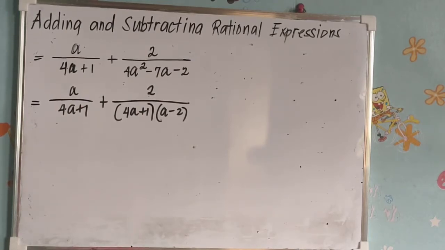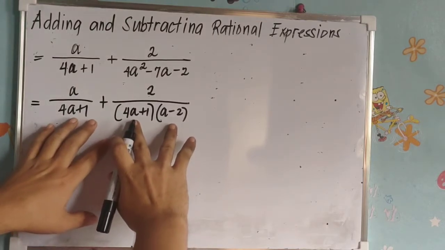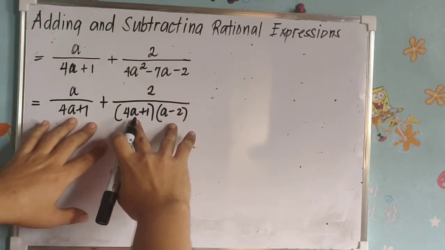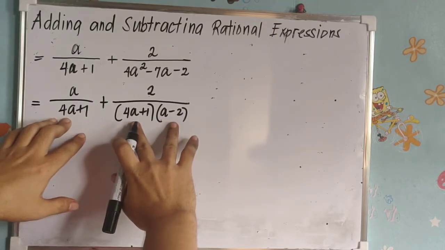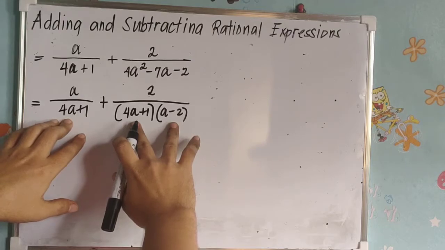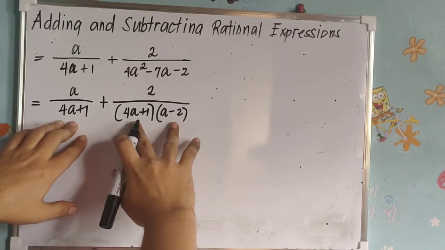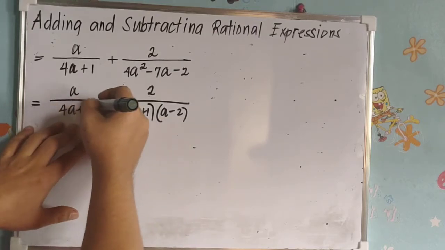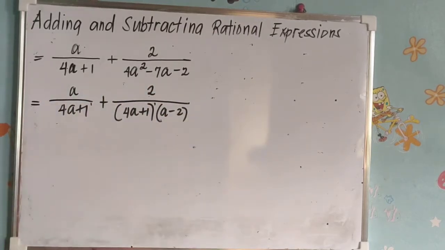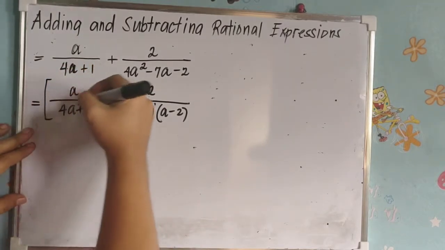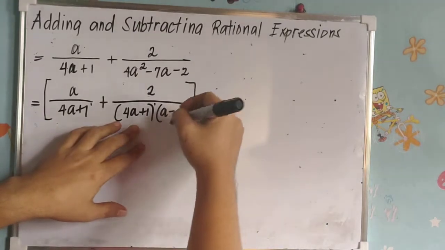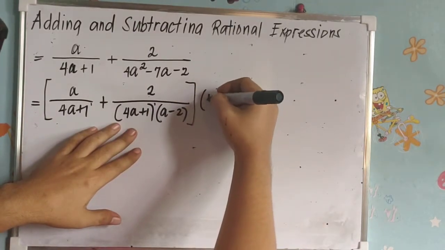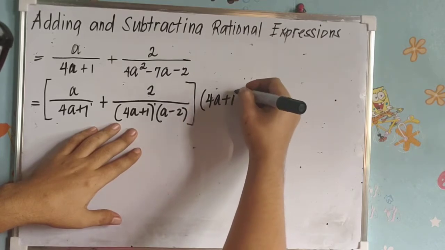Okay, so let's look at the denominators. 4a plus 1 is common to both denominators, and the degree of exponent is the same. So we have 1 here, we have 1 here. Since 4a plus 1 is a common factor and they have the same degree, just get 1, 4a plus 1.